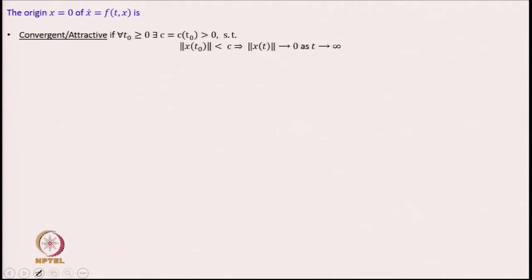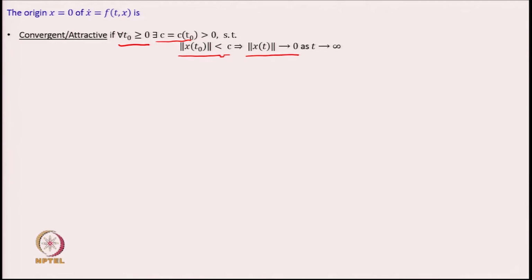Okay, so the next is the origin x equals 0 of the system x dot equals f of t comma x is convergent or attractive if for all initial time t naught greater than or equal to 0, there exists a constant c which is dependent on the initial time, such that if the initial conditions start within this ball of radius c, then as t tends to infinity, x converges to 0.